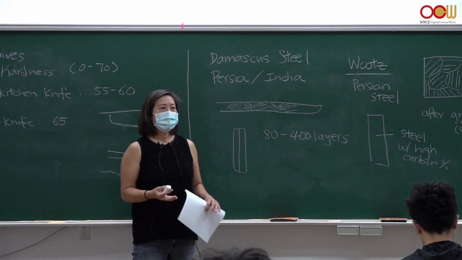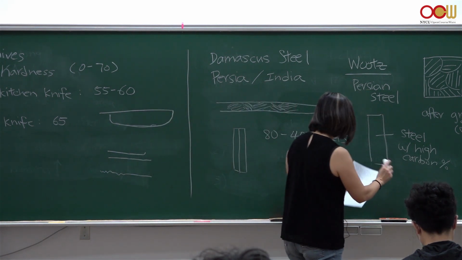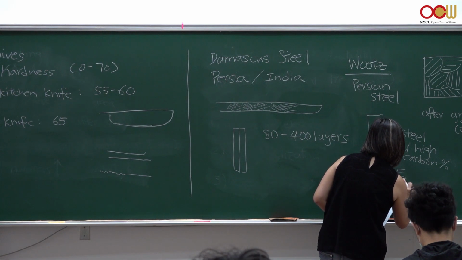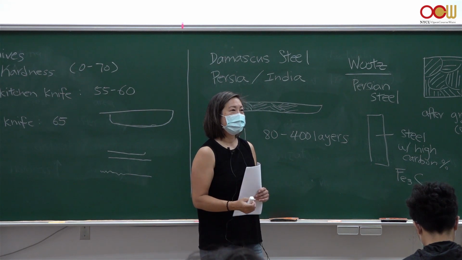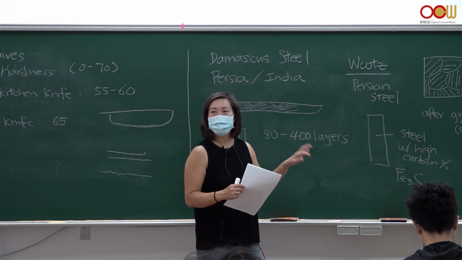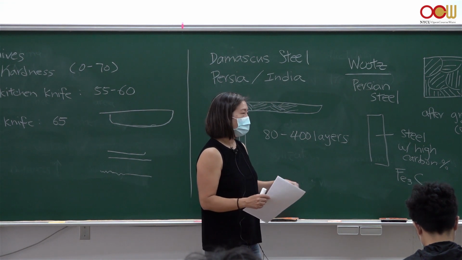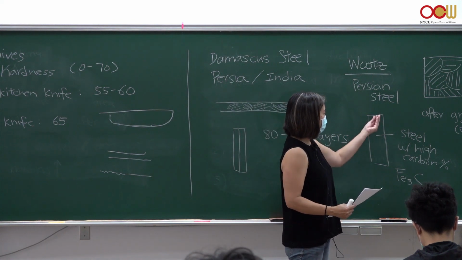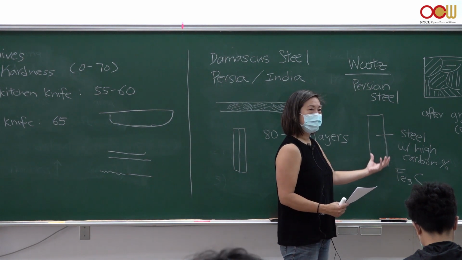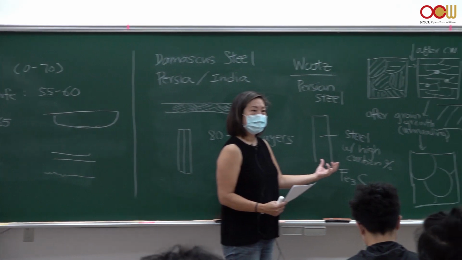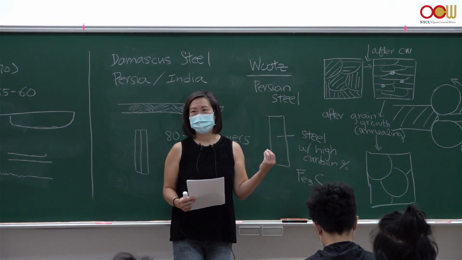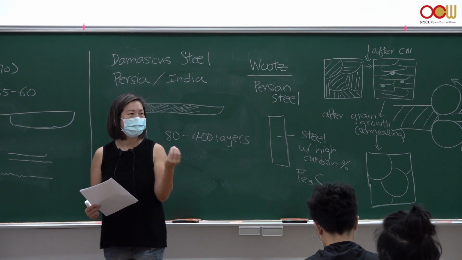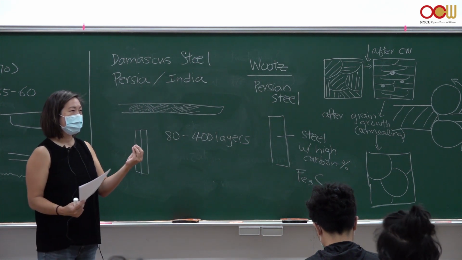And by having the high carbon content, he could grow phases in it. That's Fe3C. It's called a carbide. Iron carbide. Okay? Fe3C can grow out of the steel. And Fe3C is really, really hard. It's almost like diamond. It's very, very hard.